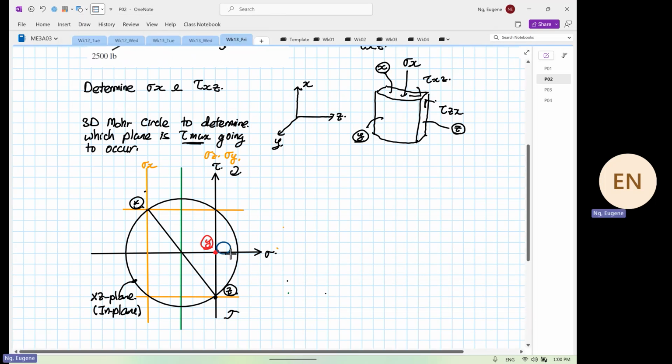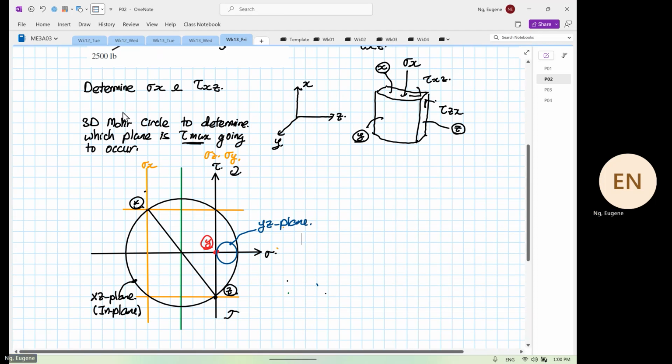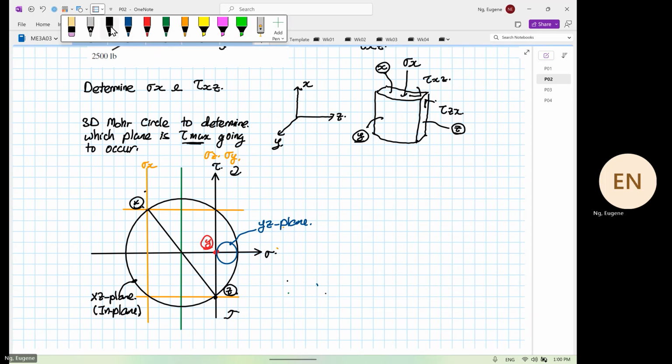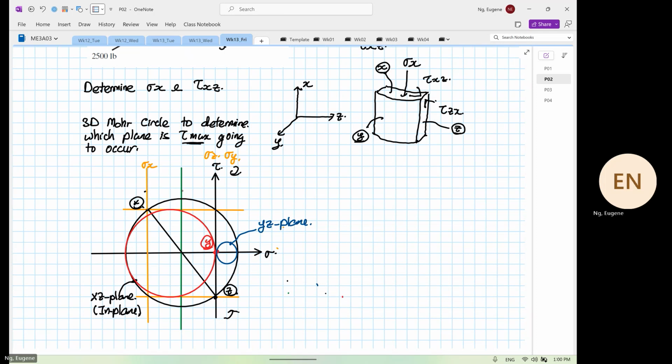And then you have the other circle. This belongs to our YZ plane. And the last circle that I'm going to sketch belongs to our XY plane.